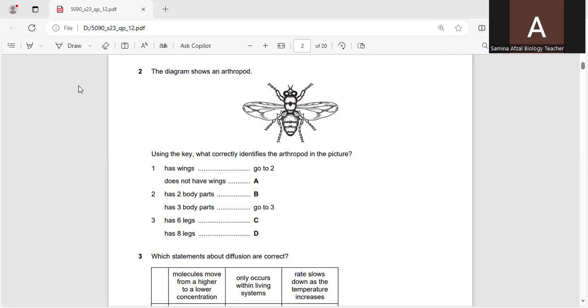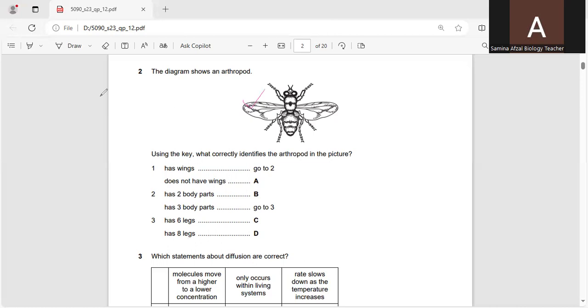Students, to get the correct option for this question, you must know the characteristics of insects. So here I would like to go with number 1, has wings. If it has wings, then you have to go to 2. You can see they have wings. So wings are present in this case.